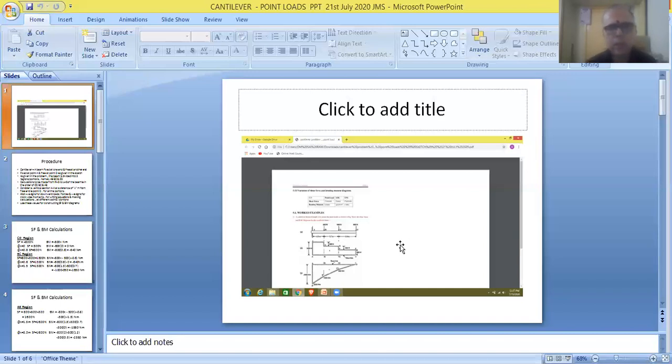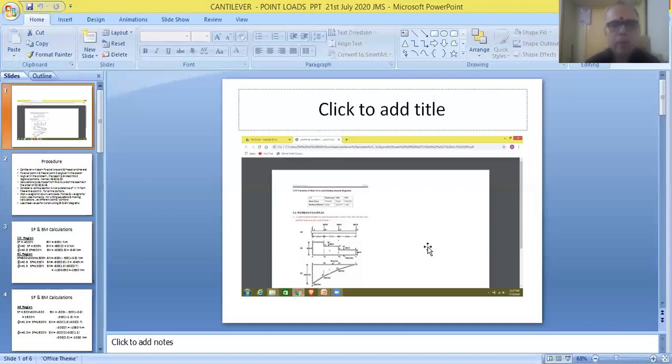Adding these values, it comes to 2 meters. Therefore, the length of the cantilever given in the problem is taken as 2 meters.